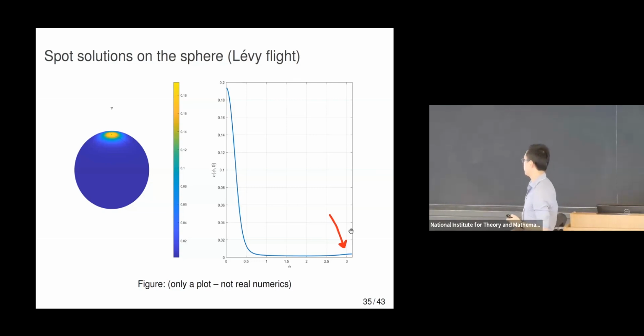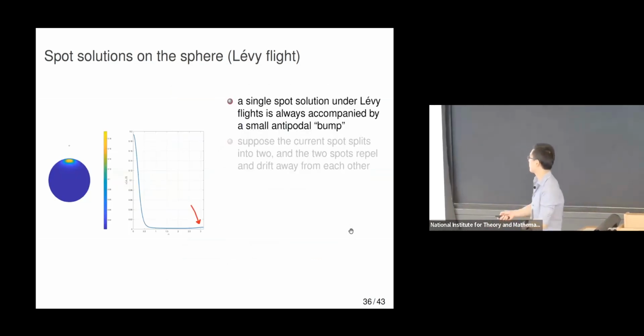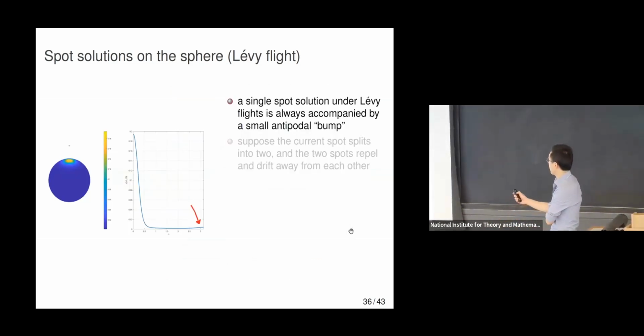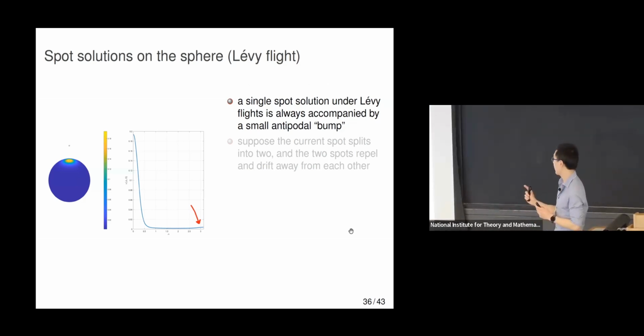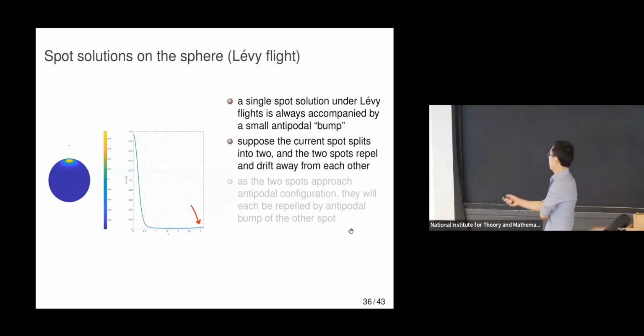Now, imagine what happens. I should mention that a single spot is now always accompanied by an antipodal bump. They come in pairs. They come together. Now, suppose this one splits into 2, and the 2 spots start repelling each other.